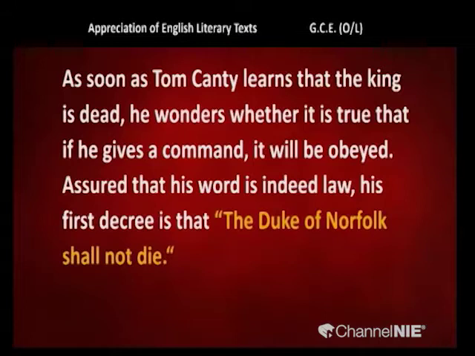As soon as Tom Canty learns that the king is dead, he wonders whether it is true that if he gives a command, it will be obeyed. Assured that his word is law, his first decree is that the Duke of Norfolk shall not die. So, in the next video clip, you can see how he gives the first command.